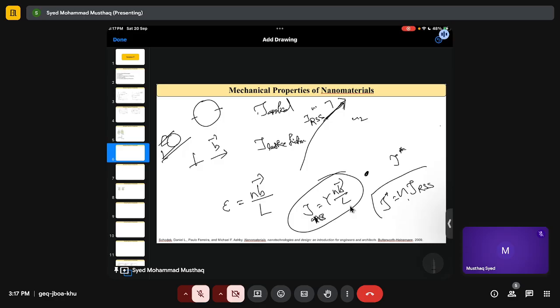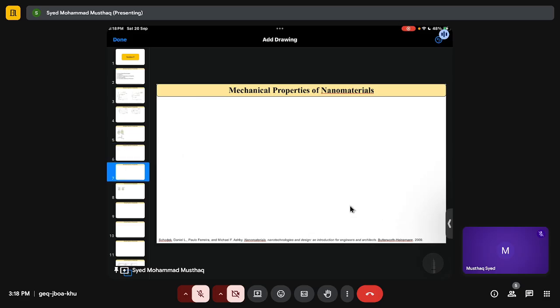Resolved shear stress is nothing but the shear stress that is required to move one dislocation. So why do we need resolved shear stress? All we know is deformation happens in terms of slip planes. For an edge dislocation, we have already seen that the dislocation will move like this.